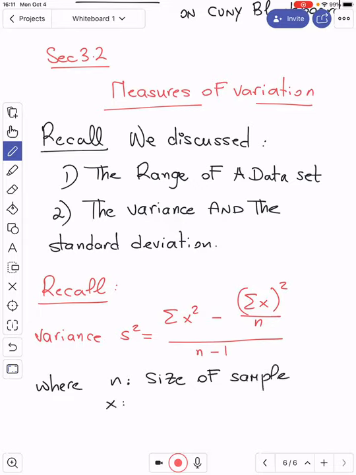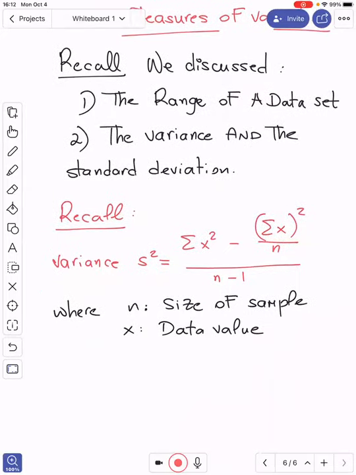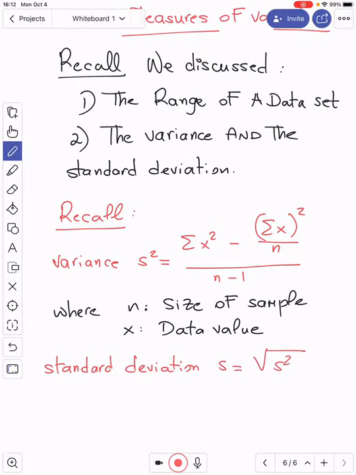And x is the data value. The standard deviation is just the square root of S squared. So S is just the square root of S squared.